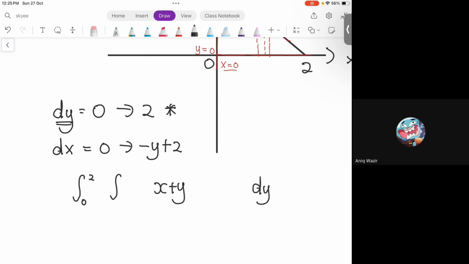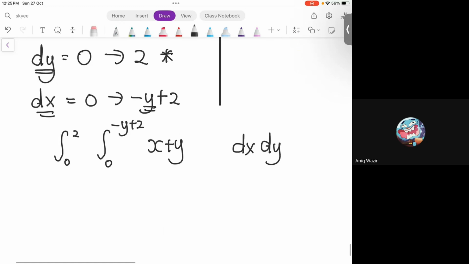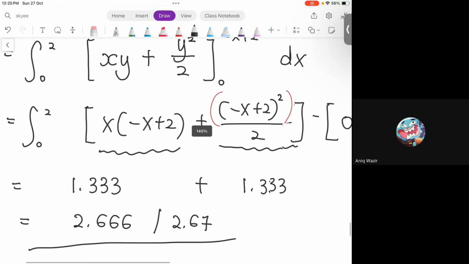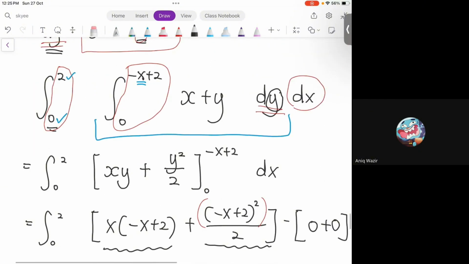Variable, put it inside: negative y plus 2, 0, and this is dx. So here is your double integral. If you check with the previous one, they are the same thing.